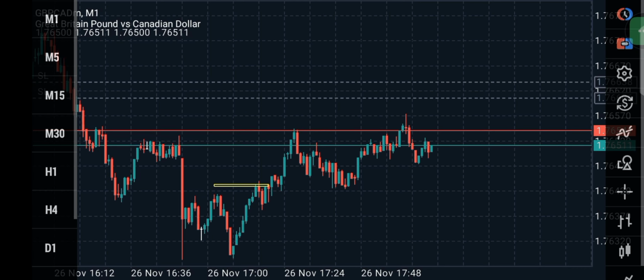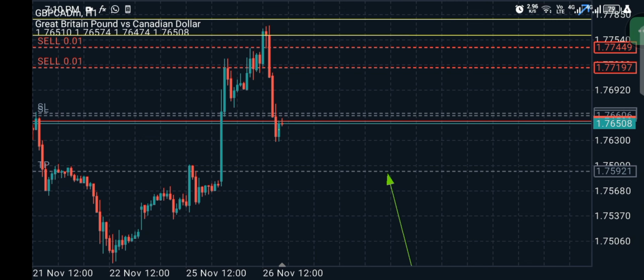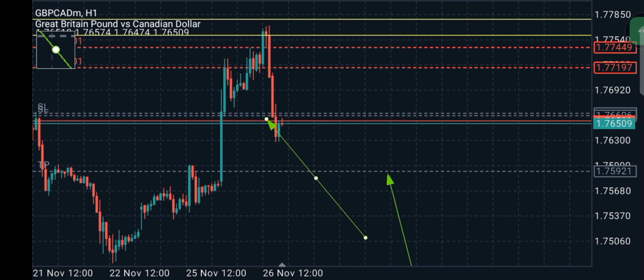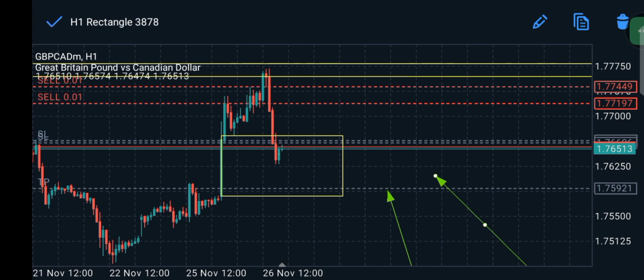If you check on the 1 hour time frame, you can see that this is a fair value gap around here, and price has filled up to 50% of this gap. If you look at it from this level here, price has filled up almost 50%. So we might be ending this trade here.